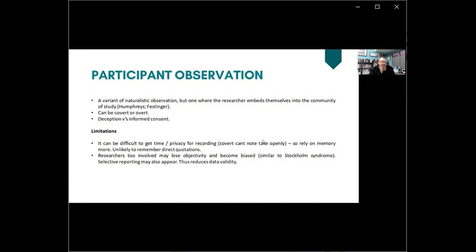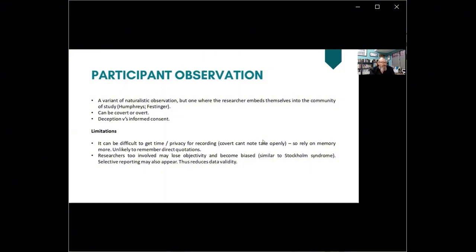Now, as a result, we get the opportunity to either be covert or overt in what we do. So we can be very undercover in the sense that we are there, but the people being observed believe we are something different to what our real role is, or we can be quite honest about it and open and upfront, and they still continue knowing that we're part of the research process.